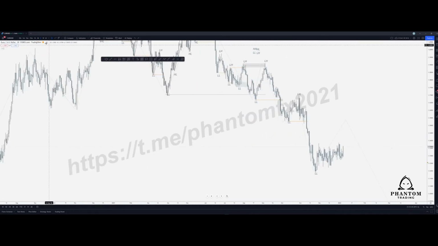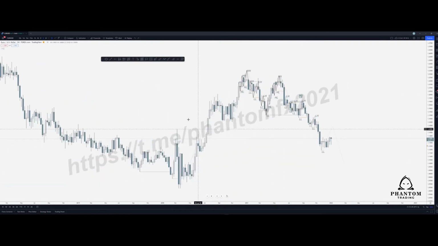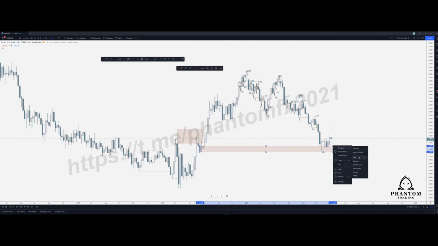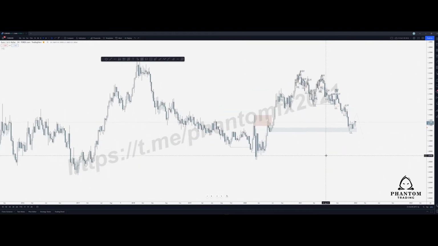And I think if we look at the weekly again, just so you know, what we have here is supply, reaction, break of supply, and we have our flip zone, right? So this is a weekly flip zone, which is high probability demand.